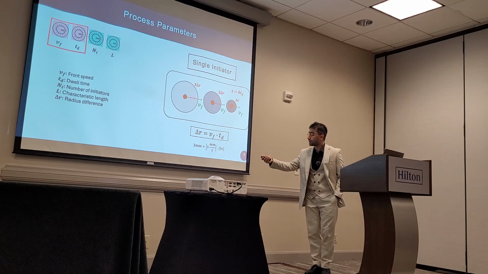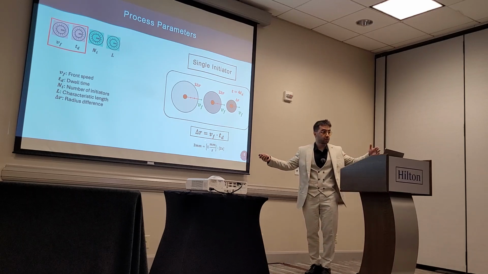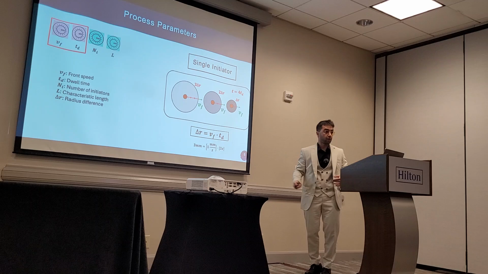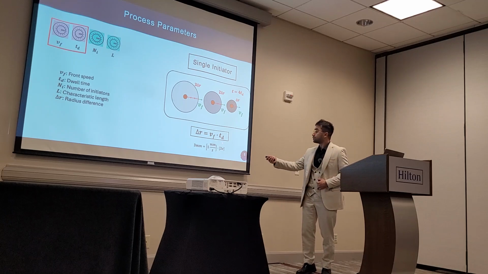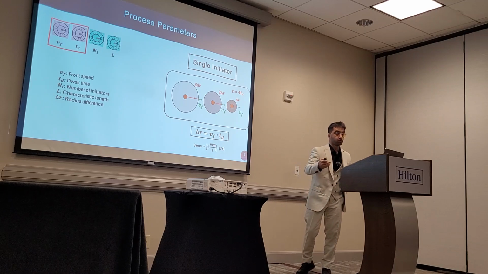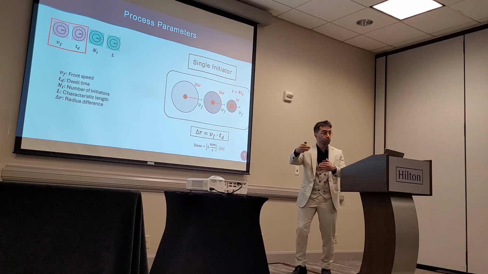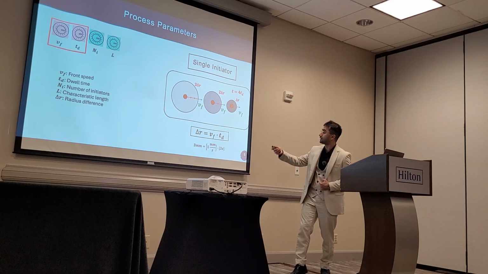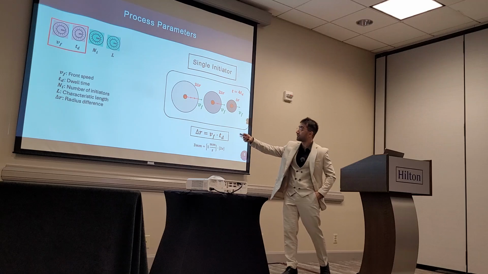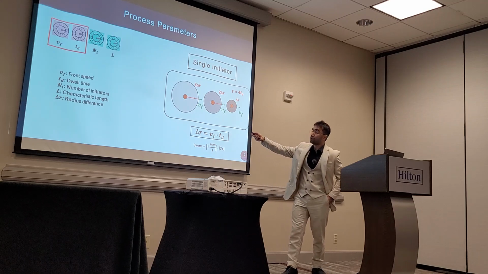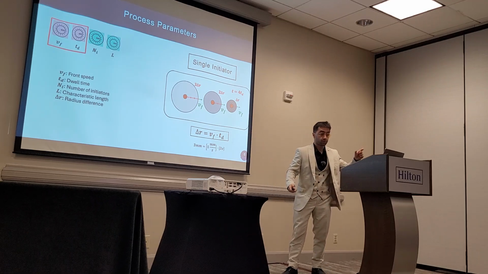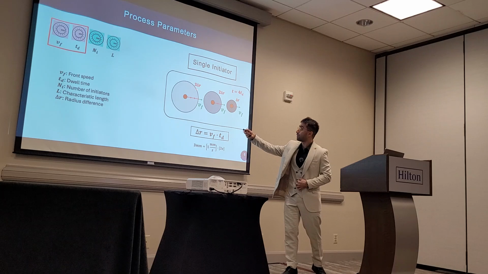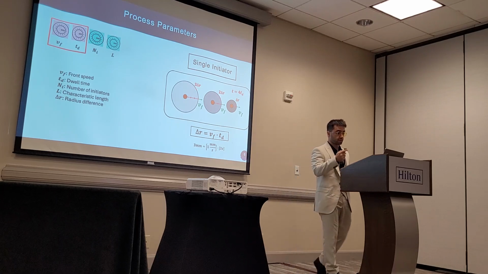You're allowing your previous circles to grow at the velocity of the front speed for a time of the dwell time, so this is the radius increase that you're getting. Every time, you're increasing the radius by delta R. So when we initiate the first one and move on to the second one, during that period of time we increase it by 1 delta R. That's why we have a delta R difference between consecutive circles.